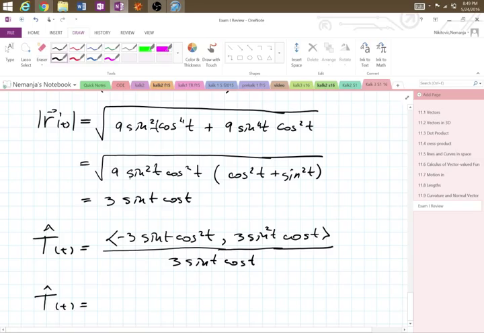T hat is equal to, the 3's are going to drop, and from the first one sine and 1 cosine drop, so it's negative cosine t, and the second one is sine t.